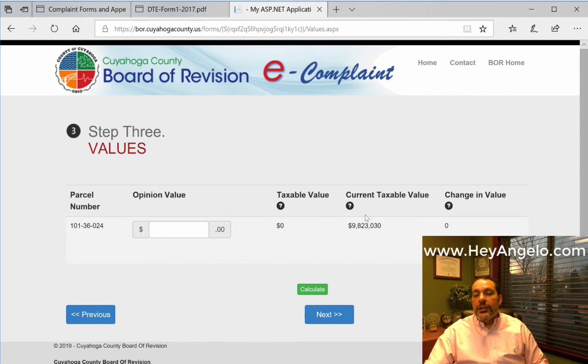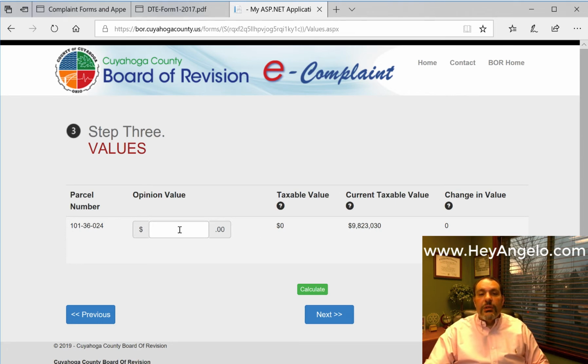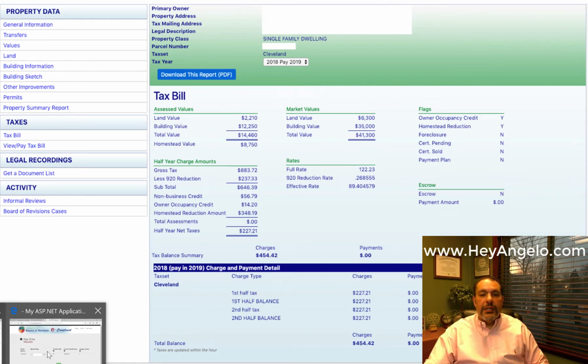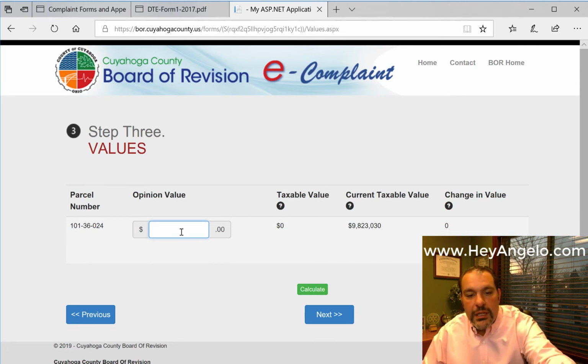What is the value? Now, the current taxable value is $9 million. This is based on, again, 35% of what the appraised value is. So in our form, where we saw this, at 41,300, the number being shown is 14,460. So we're going to put in a value here, and the value is sort of irrelevant, but we're going to put 25 million.